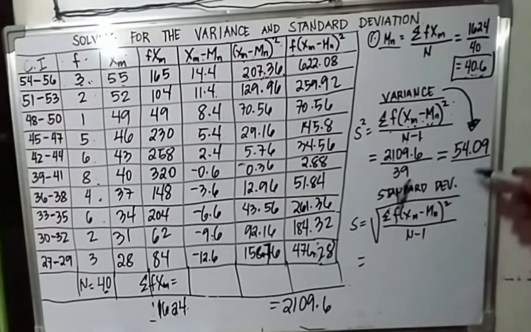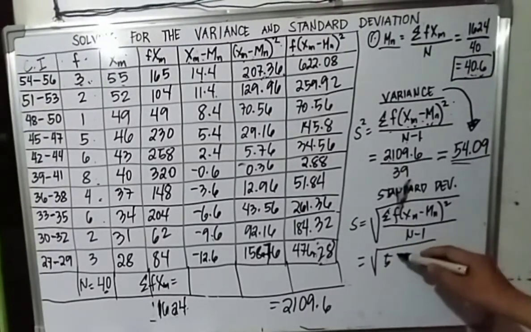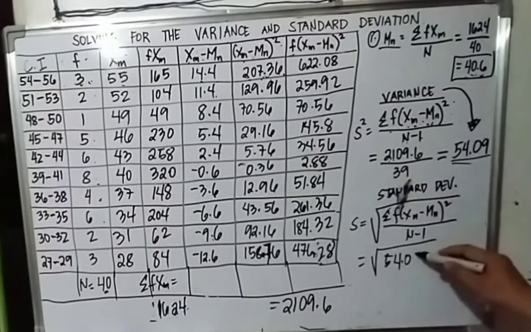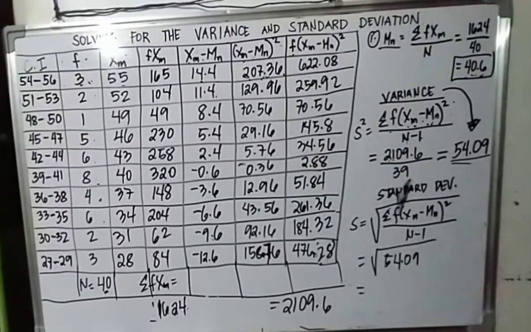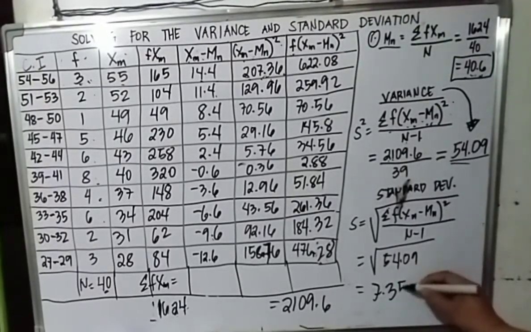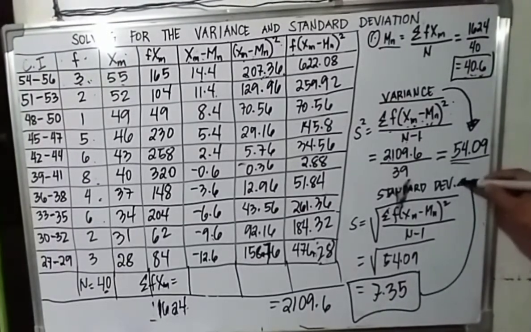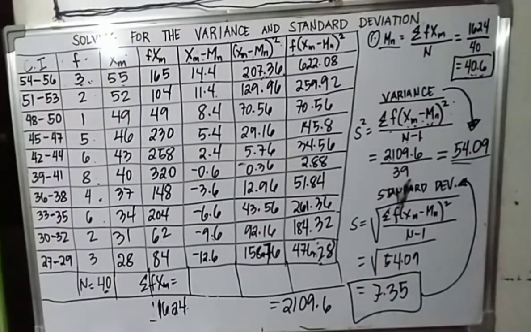So ang value nito is 54.09, so that is the square root of 54.09. So square root of 54.09, that is 7.35. So ito na yung standard deviation natin, 7.35. Okay, that's all for today.